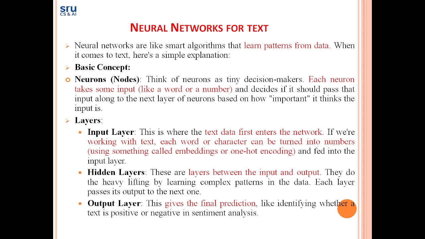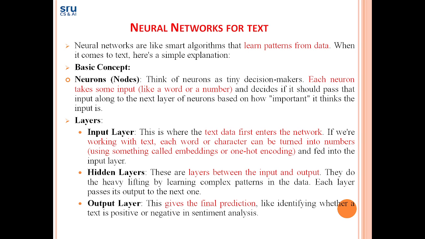Then neural networks for text. Neural networks are like smart algorithms that learn patterns from data. So the basic concepts here, say, neurons, nodes. Each neuron takes some input like a word or a number. Then in neural networks we have 3 layers.